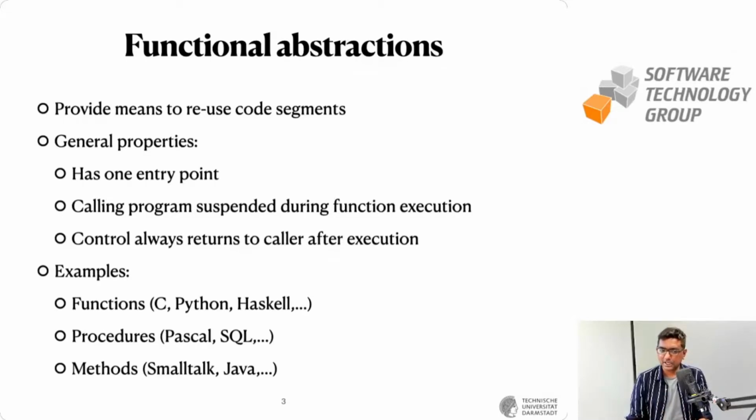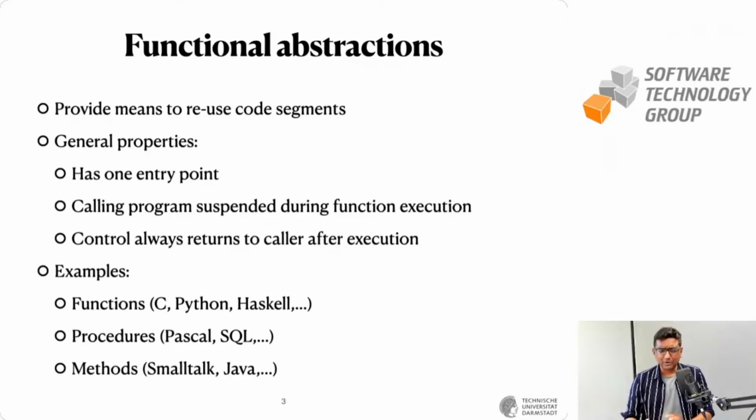Procedures, on the other hand, are similar to functions, and some languages use them interchangeably too, but conceptually the difference between a procedure and a function is that a procedure is simply a particular set of instructions or commands that just need to be executed in a block. So procedural languages like SQL support procedures.